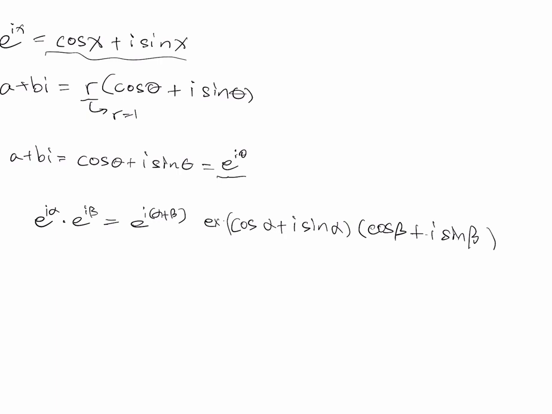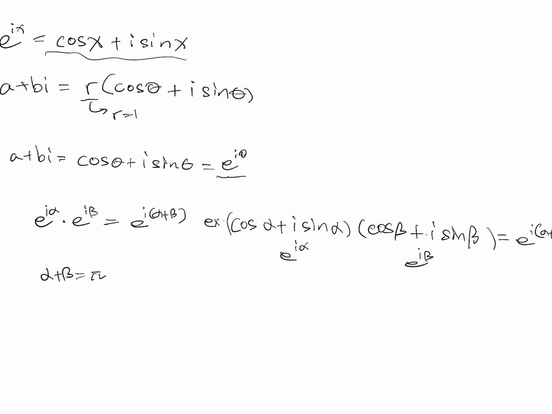That's time consuming. Now we know the Euler's form. This is equal to e to the power of i alpha, this is equal to e to the power of i beta, and we know this is just e to the power of i times alpha plus beta. Okay, very simple.